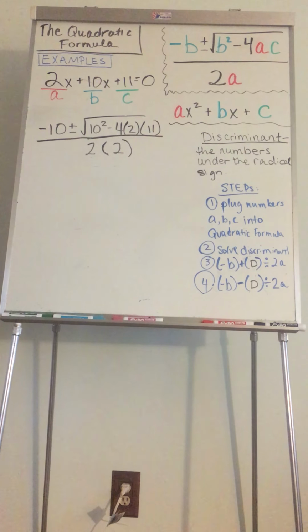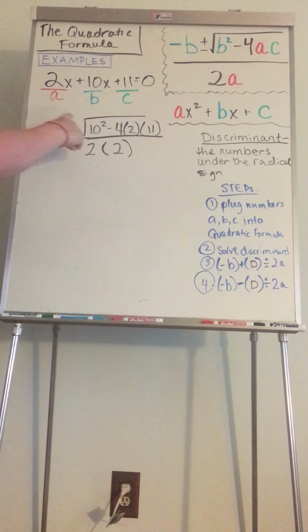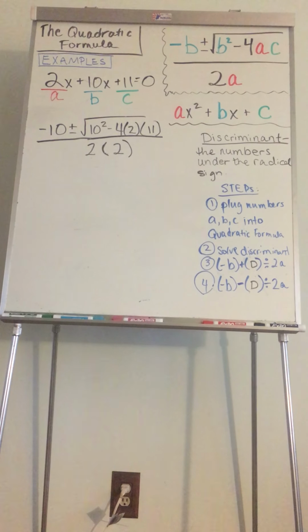Okay? So basically, one of the vocabulary words that I added to Quizlet last week was discriminant. And the discriminant, this will make sense now, are the numbers that are underneath the radical sign. And what the discriminant does is it tells you if you have 2 real roots, 1 real root, or none.